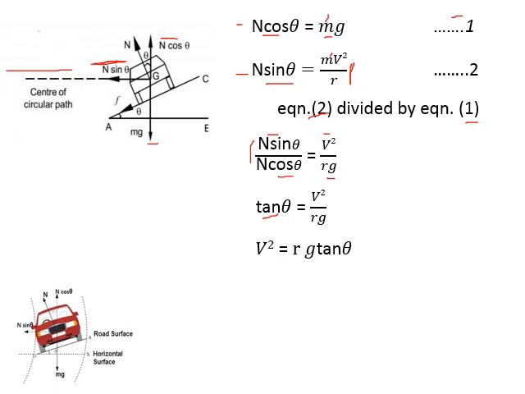That's why rearrange it for v square by cross multiplication. So rg tan theta is the right hand side. And for v, we have to take the root of this. So v maximum is root of rg tan theta. See, within these 4-5 steps, we got this formula for v maximum.